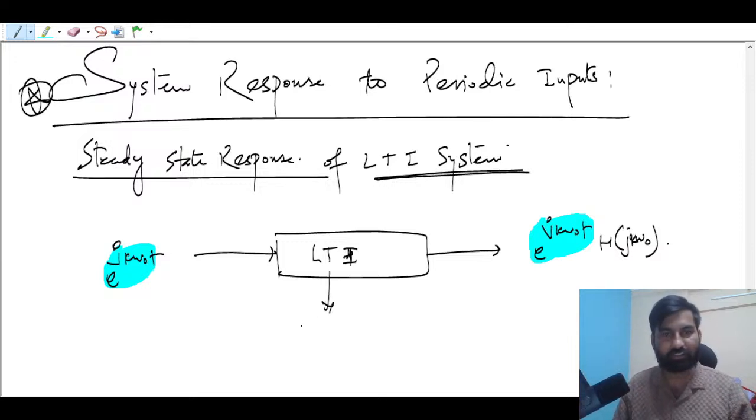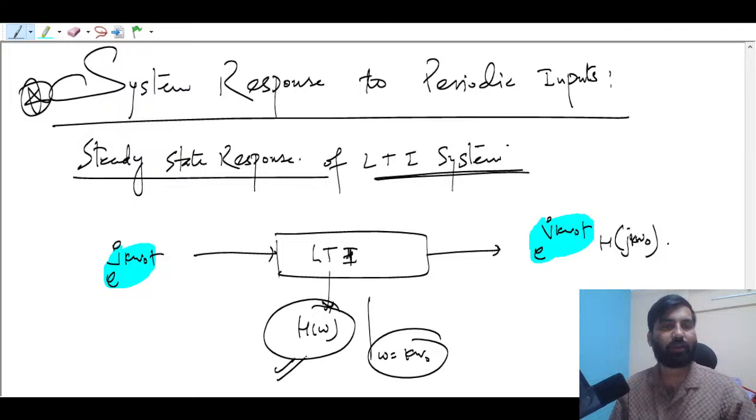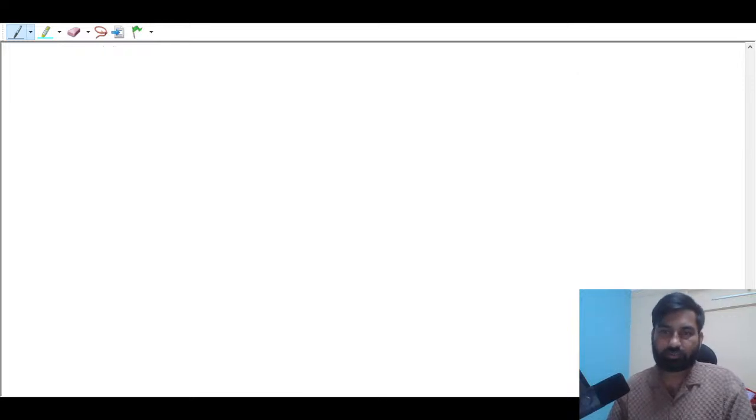So this LTI system will have a frequency response H(omega), and omega has to be replaced by the input frequency, so you have to evaluate at omega equal to k times omega naught, so that you can find out the magnitude as well as the phase, okay. So that is very important. This we have already seen.